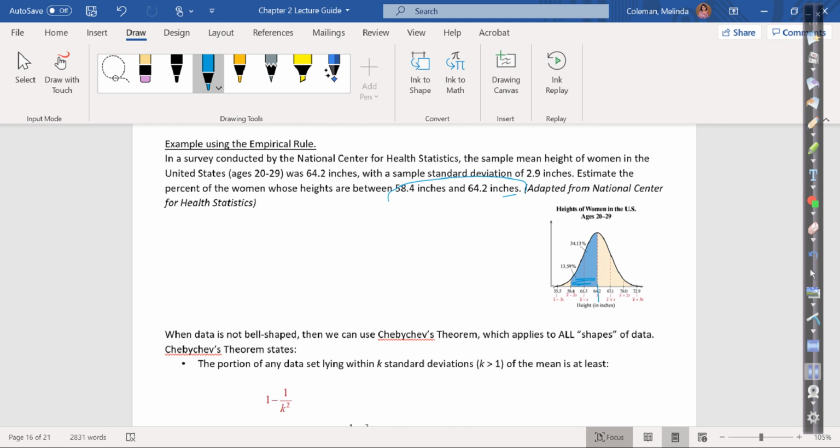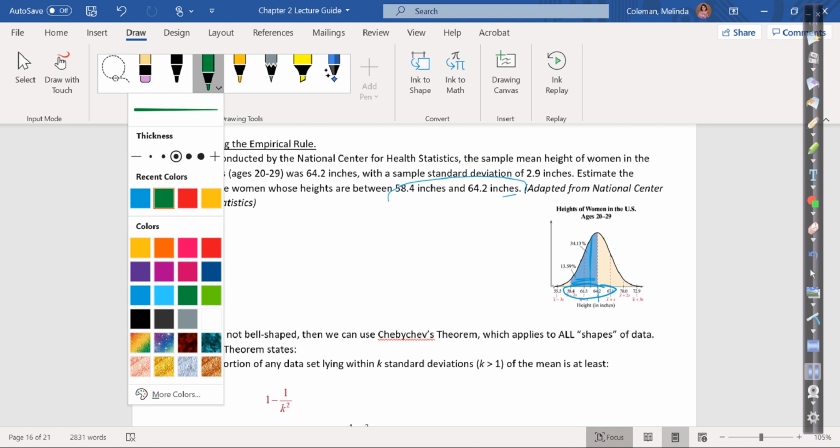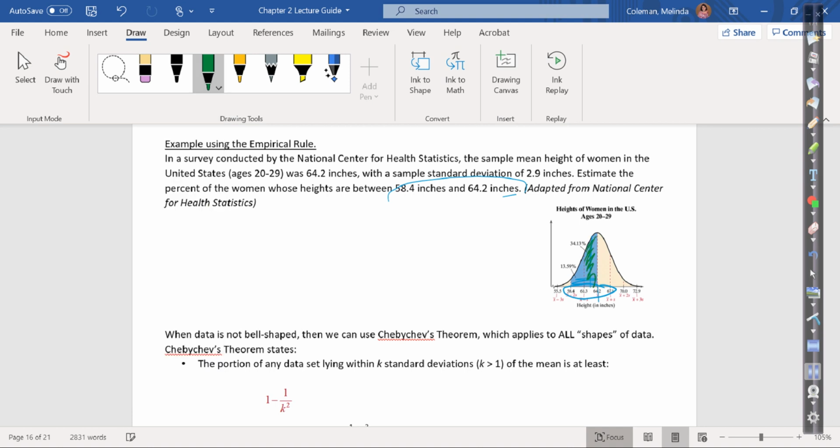Well, if I just look at the chart, because this is so well defined at 58.4 and 64.2, I can say this blue area right here, I better change color pens. This blue area right here, well, this total would be 68%. So this would be 34.13. And this blue area, according to the table, is 13.59.